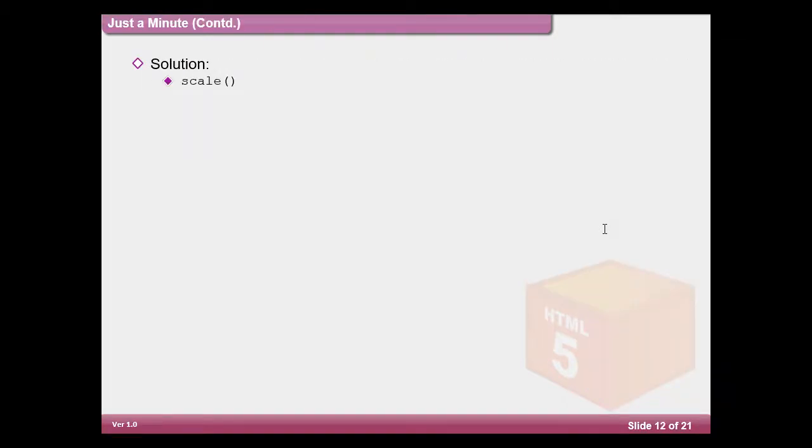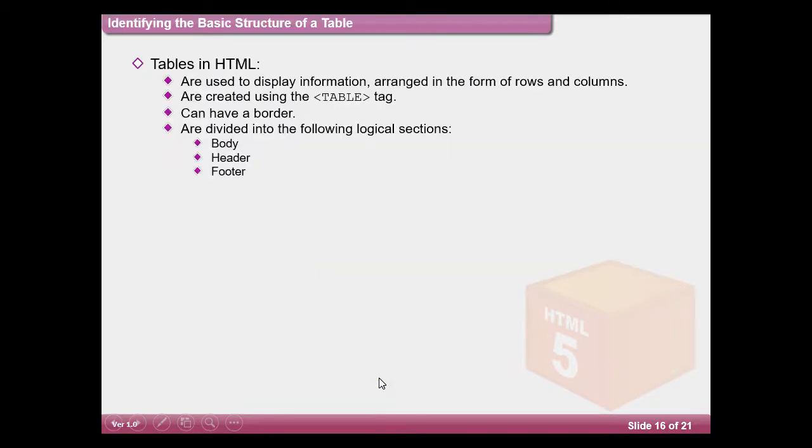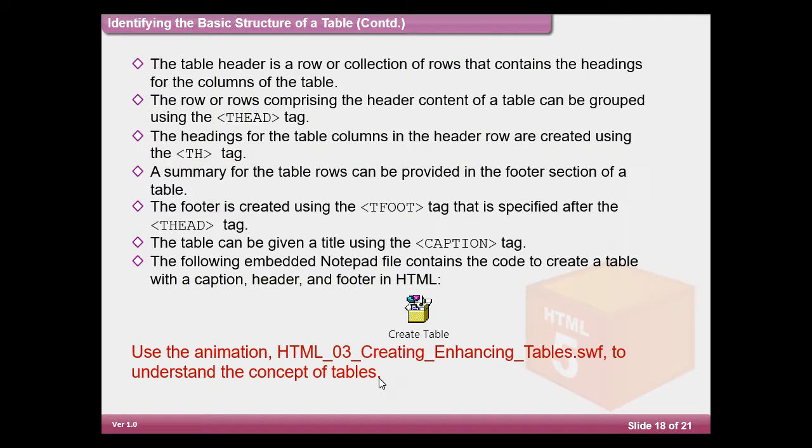So this is the same thing. This is basically a web page, so you'll be able to create something like this, if not better than this, at least something like this.